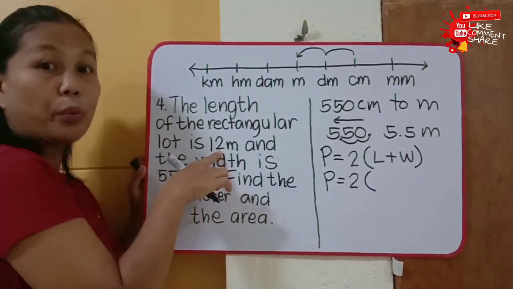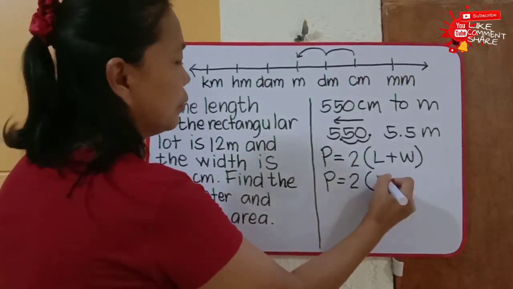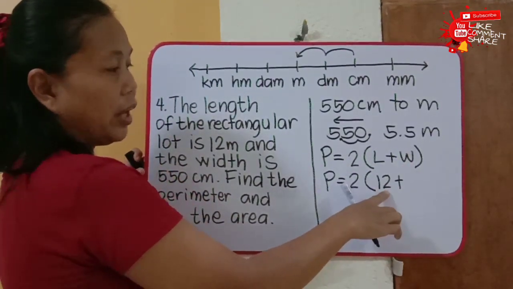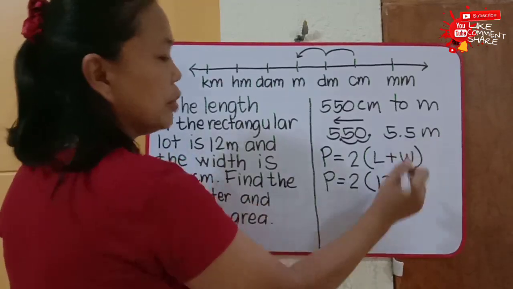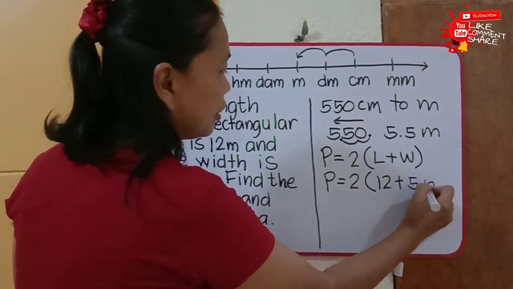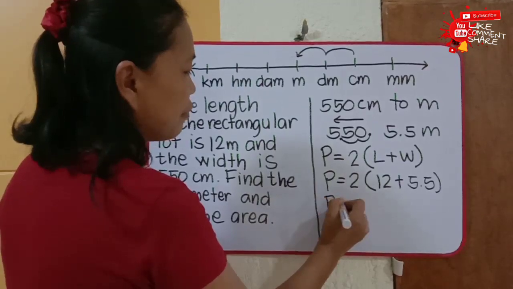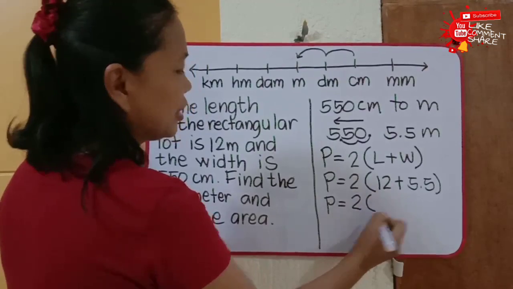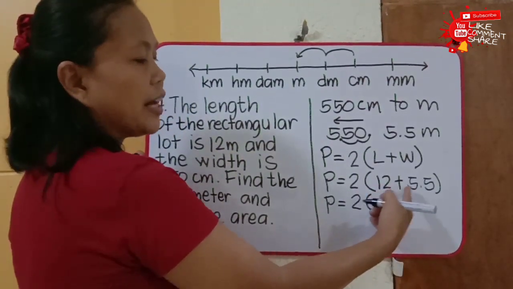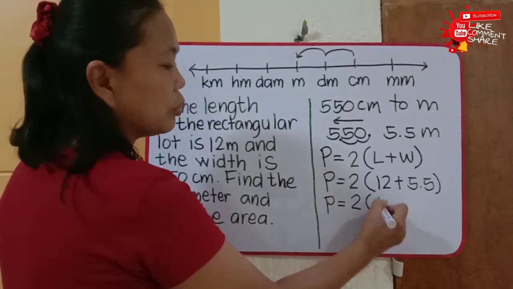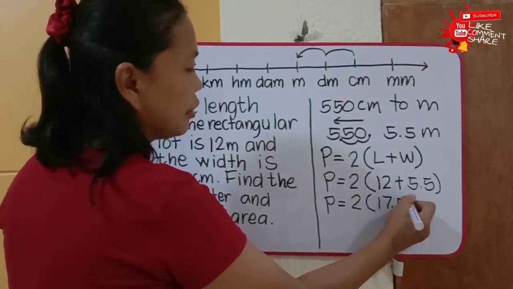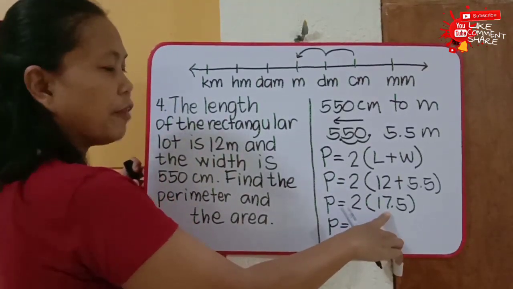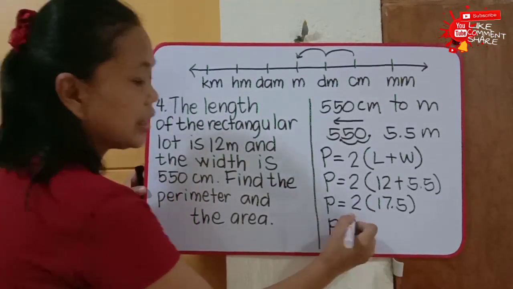We have here 12 meters. 12 plus, what is our width? Same unit with 12. So we have 5.5 meters. Now let us add first the quantity inside the parentheses before we multiply it by 2. What is 12 plus 5.5? It is equal to 17.5. And what is 2 times 17.5? We have here 35.